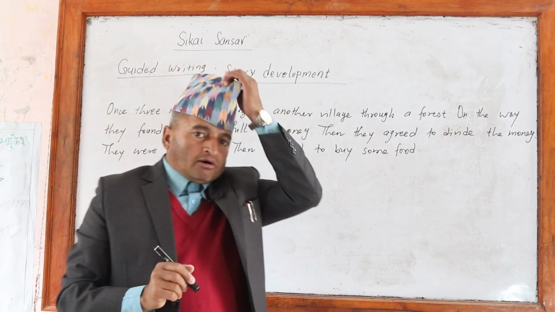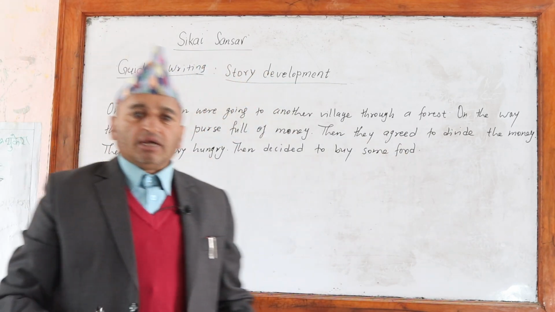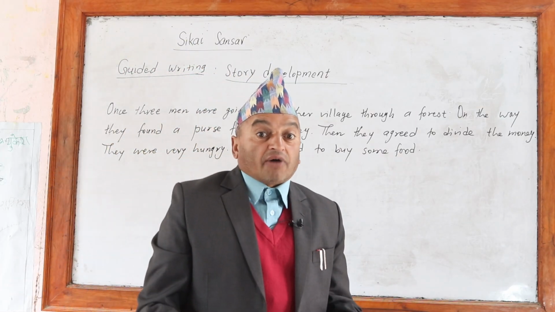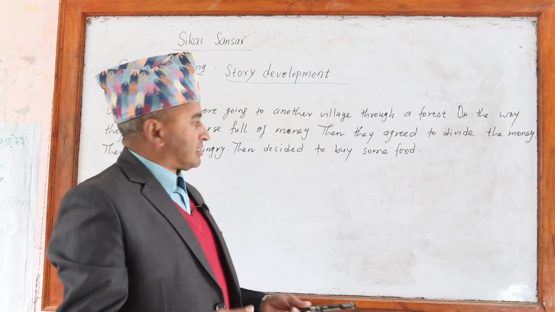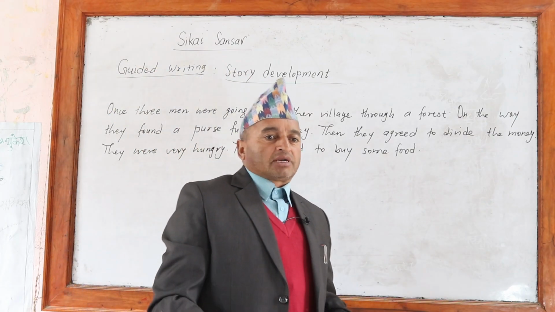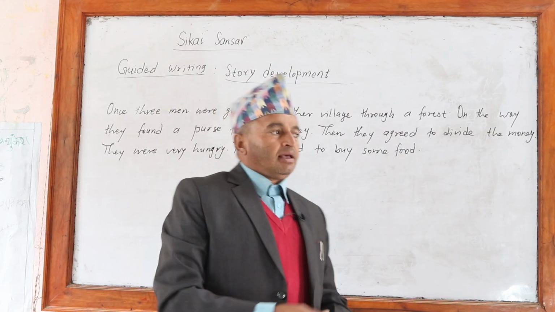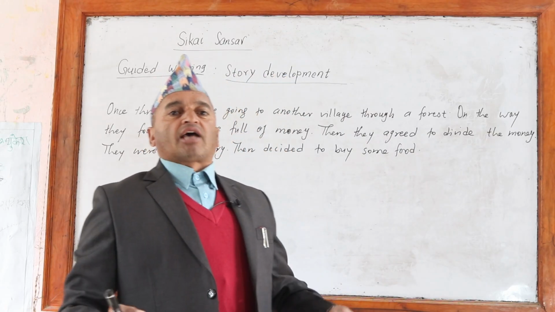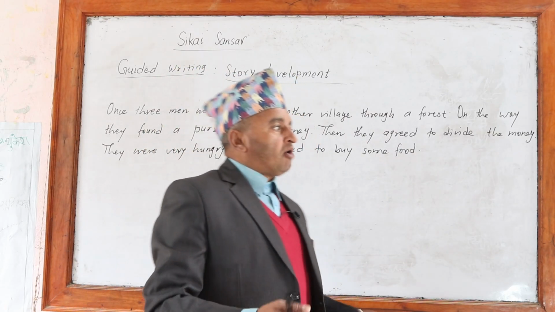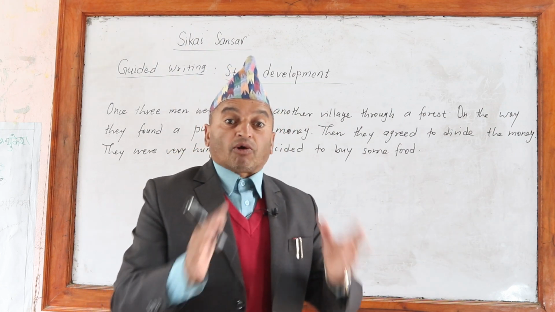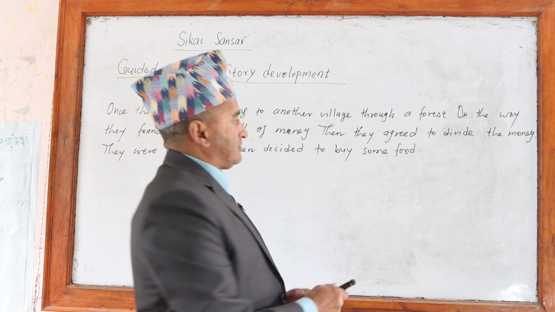They decided, why not eat? We have found money, a big sum of money, so let's have a good amount of delicious food, and then they sent one of them to buy food.